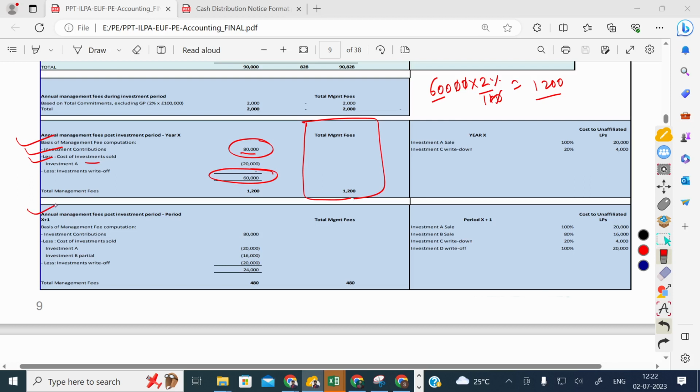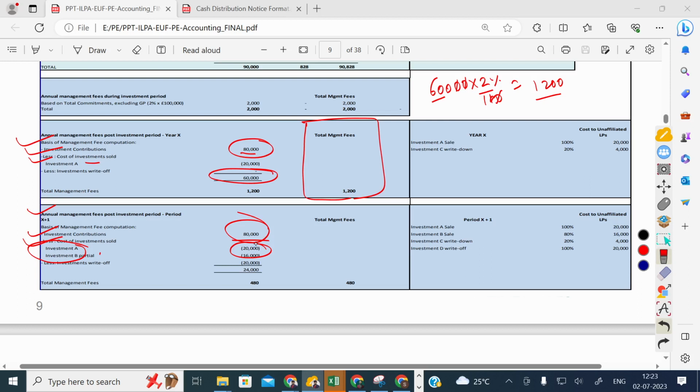Annual management fees post investment period X plus 1. So maybe for the second year, see, the investment contribution remains the same, then less cost of investment sold, there is nothing. Investment A and B, so we have two. If you sold the investment, if you don't have an investment, then you cannot charge it. Eventually, you should have a live investment.